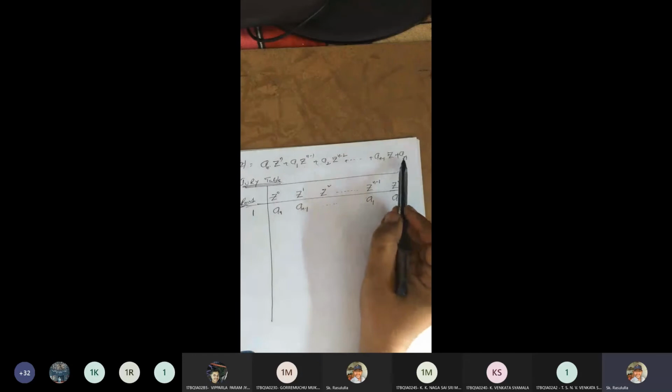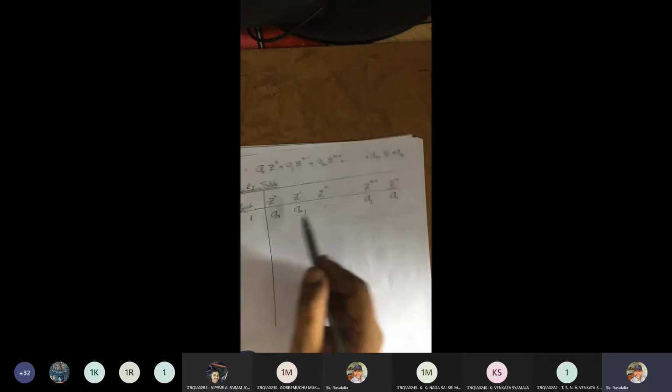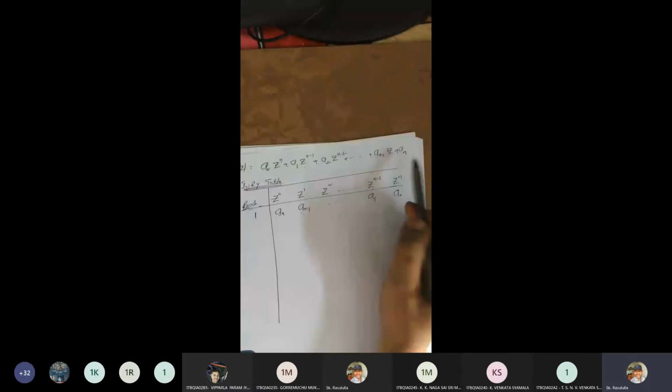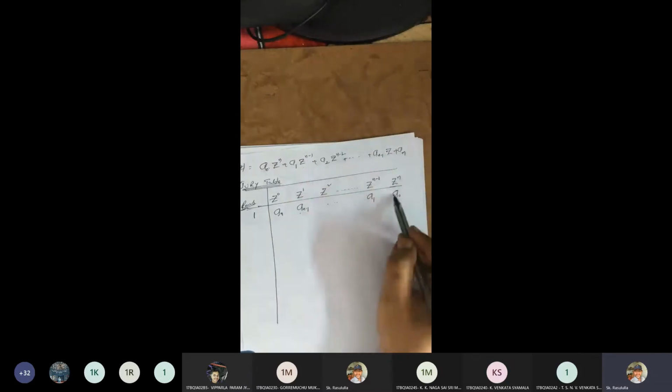See how to form this Jury table. First we write the coefficients from the constant term up to the highest degree, in order. Don't try to memorize it as an minus 1 like this. Remember the coefficients are written in this order: constant, z coefficient, z square, up to the highest degree.